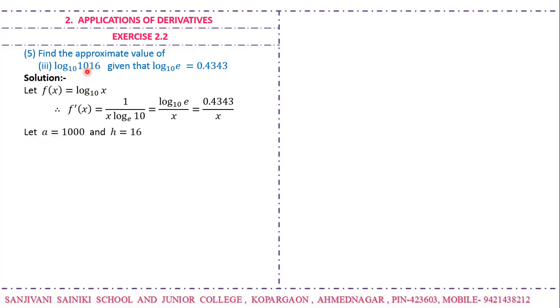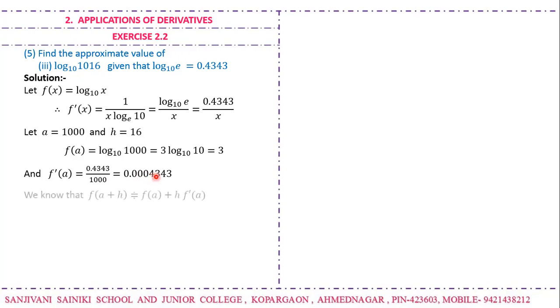Then a we have to take 1000 and h is 16. So this 1000 can be written as 10 cube. That cube is taken in front of this log. So 3 log of 10 to the base 10. Now we know that log of a to the base a is 1. So 3 into 1 is 3. So f dash at a is 0.4343 upon 1000, that is 0.0004343.